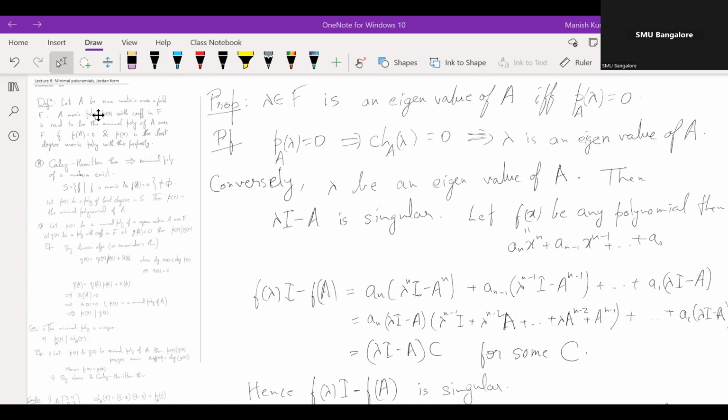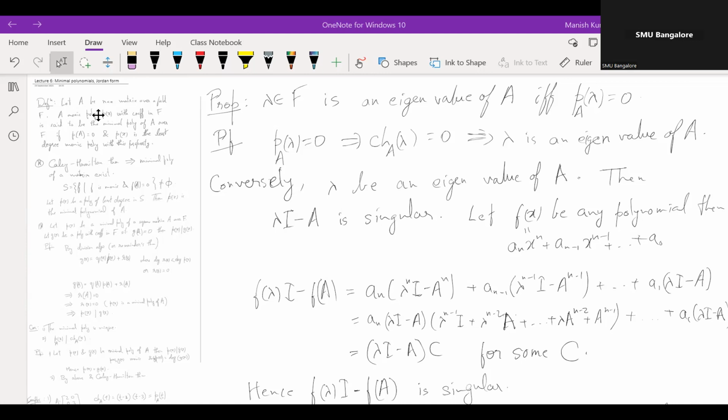So here we have I, right? So I've just clubbed it together. So a_n (lambda^n I minus A^n), plus a_{n-1} (lambda^{n-1} I minus A^{n-1}), and so on, up to a_1 (lambda I minus A).